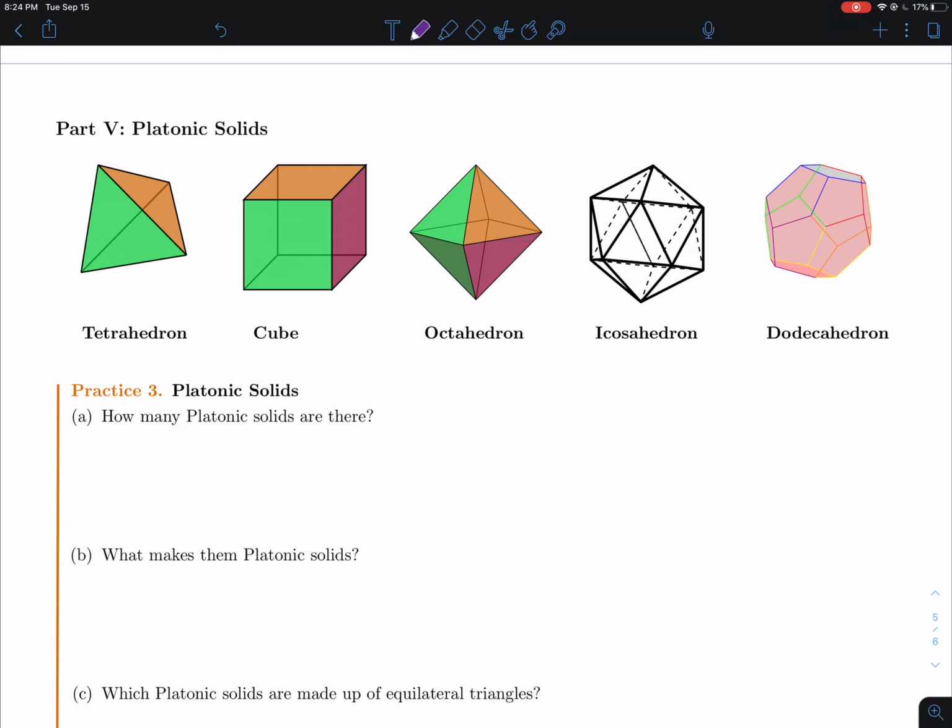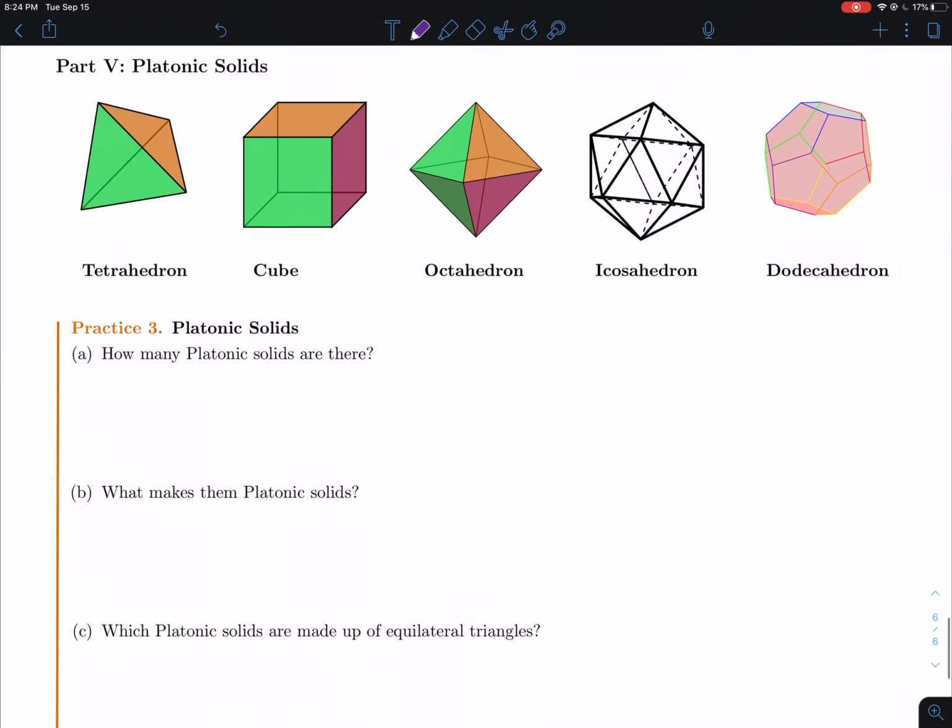So the Platonic solids, obviously there's 5 of them, and we've got a picture of each one of them. And I don't know if any of you guys ever played D&D or anything like that, but these are actually the dice from Dungeons and Dragons. These are the shapes that they use. So the tetrahedron is actually like a 4-sided die. A cube is a 6-sided die.